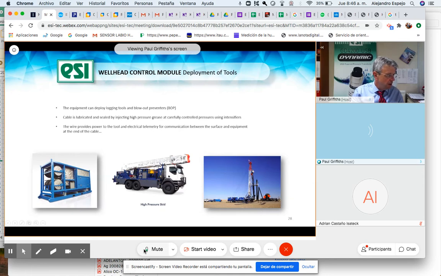Here we have several of our high pressure transmitters, 400 bar, 1,500 bar, and they measure and control the pressure of grease into the wireline. The whole thing is placed onto the back of the truck, and it's completely portable.